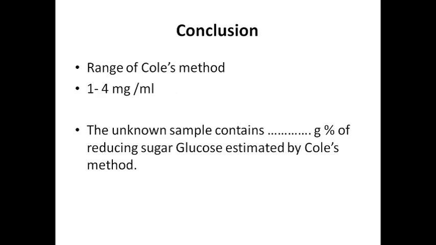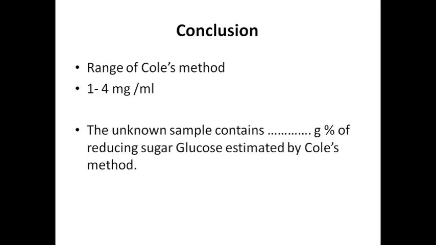Non-reducing disaccharides like sucrose require an additional step of hydrolysis for breaking the glycosidic bond between monosaccharide units. When disaccharides are estimated, the formula for calculation is changed. The range of the Cole's method is from 1 to 4 milligram per ml.